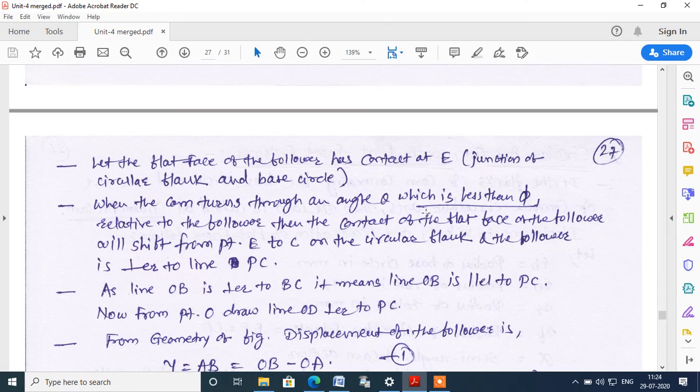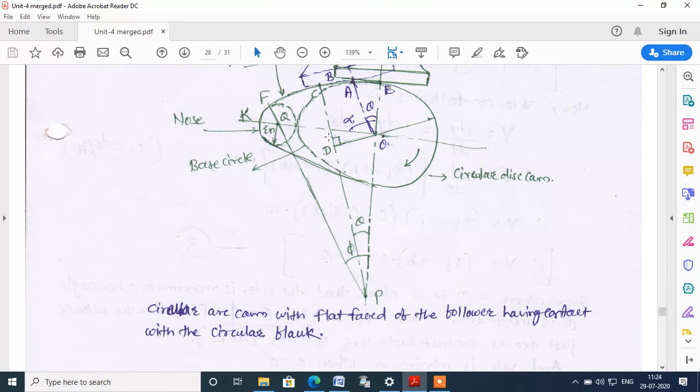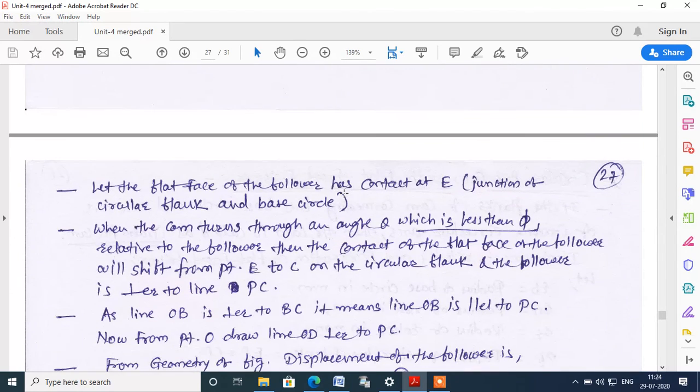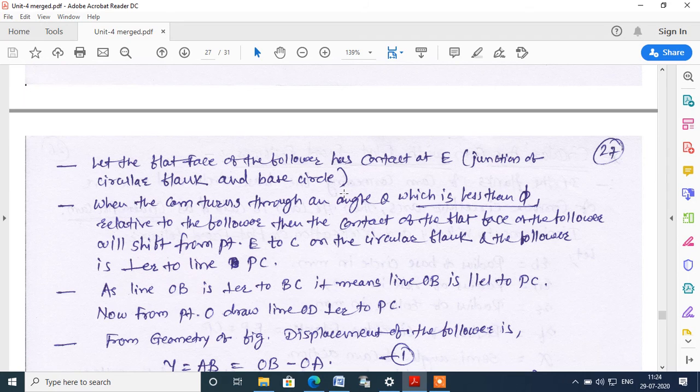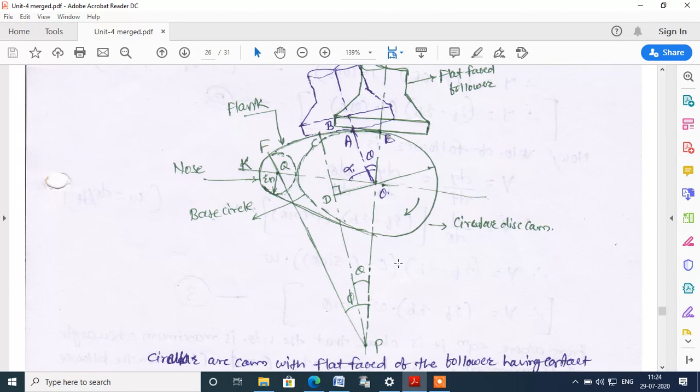And the follower is perpendicular to line PC. As line OB is perpendicular to BC, line OB is parallel to PC. Now from point O, draw line OD perpendicular to PC. So we have drawn it.